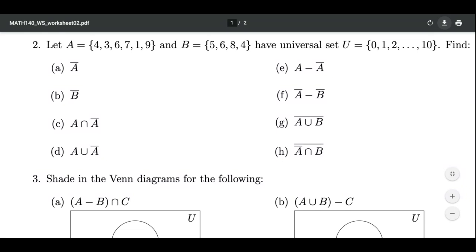Okay, Aidan is asking, why is it 5 and 8 if we are subtracting from A? No, from its complement. You missed this question. Okay, see, F is A complement subtract B complement. And the A complement, Amy wrote here. Let me see.